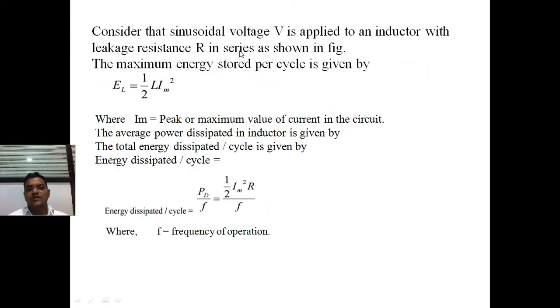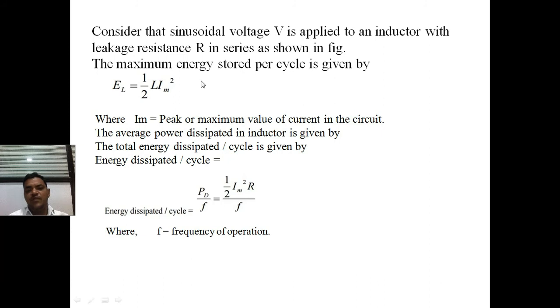Consider a sinusoidal voltage V applied to an inductor with leakage resistance R in series, as shown in the figure. Basically the value of R is 0, but practically there is some leakage current flowing through the circuit.